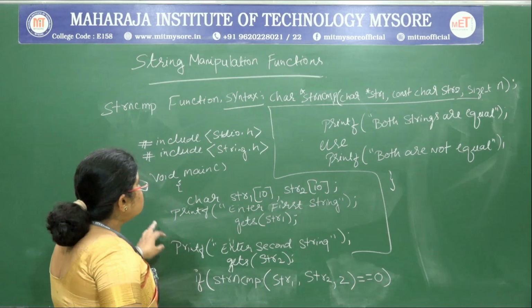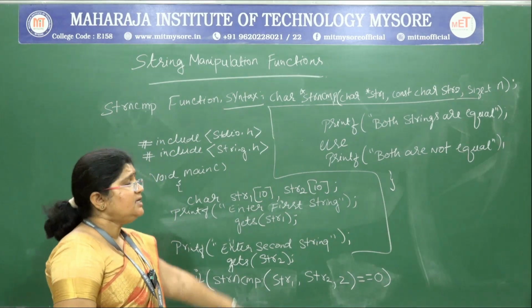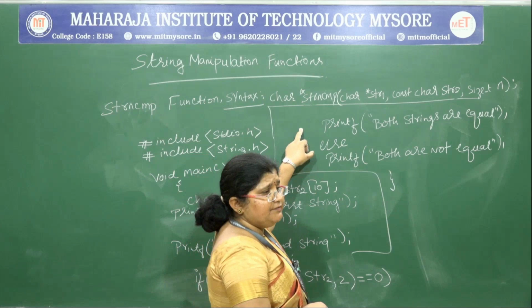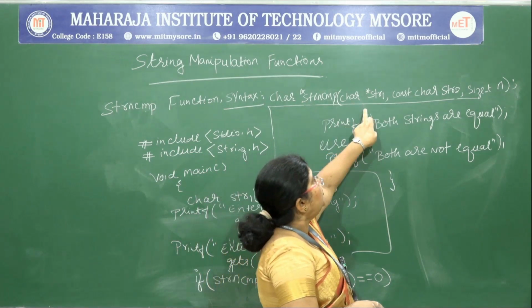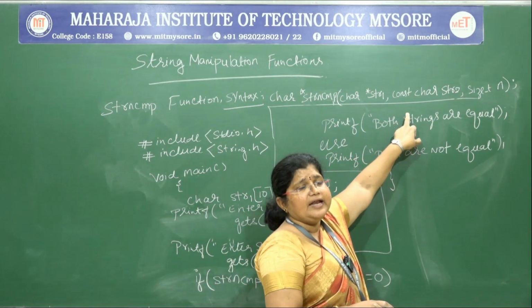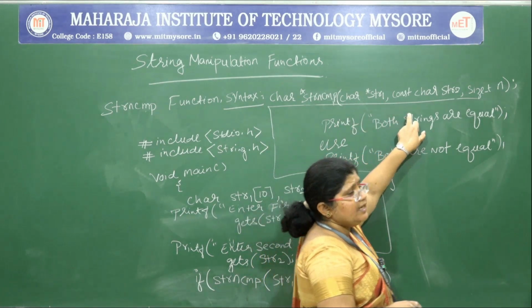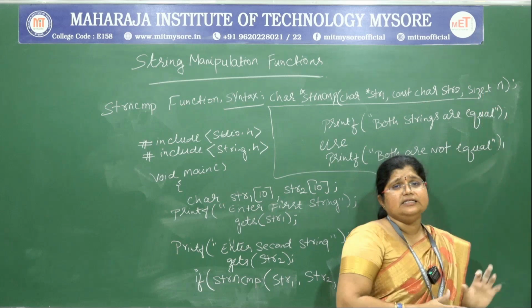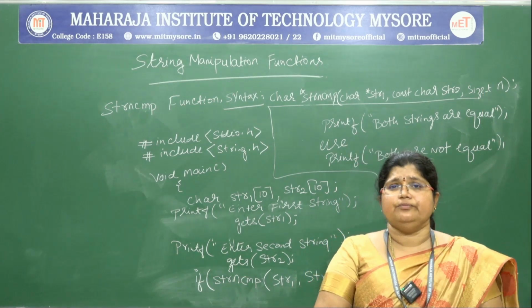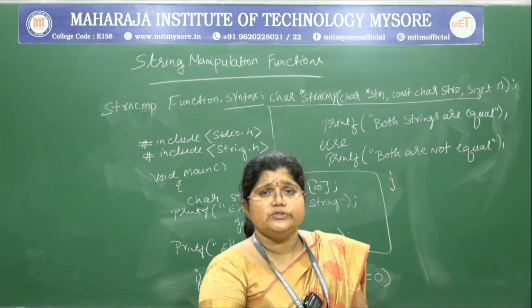In the syntax itself we require two parameters as usual, string 1 and string 2, and the next parameter is the size, the number of characters to be compared between the two strings.